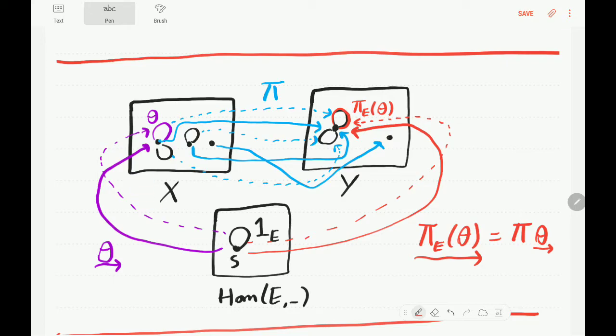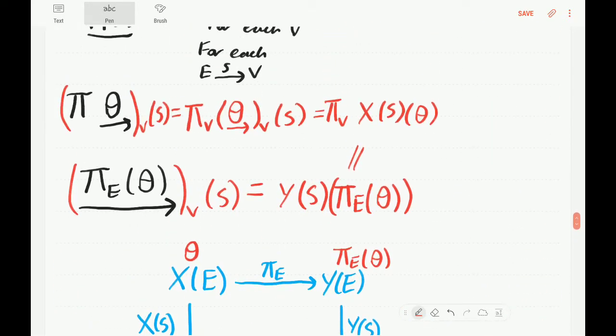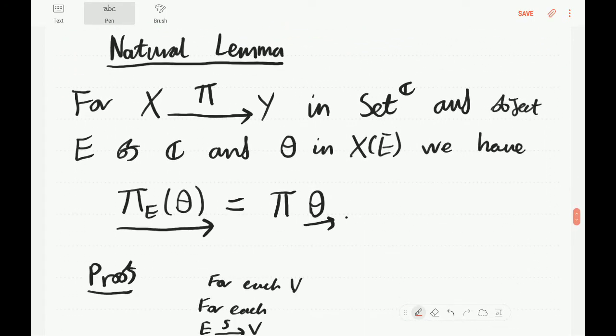And that composition gives us this red arrow here, which really points towards the thing that theta got sent to under pi. More precisely, it's going to be the kind of arrow from hom e comma blank to Y, which corresponds with what we get if we do the Eth component of the natural transformation pi on theta. Okay, so that's basically what the natural lemma says.